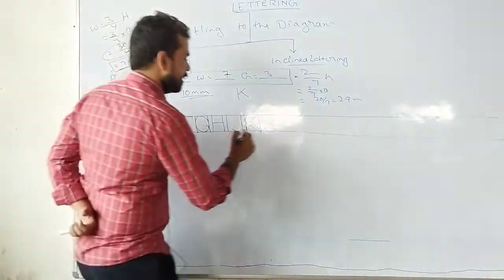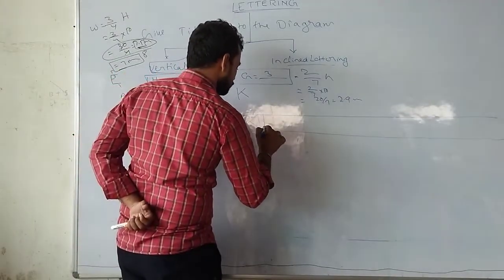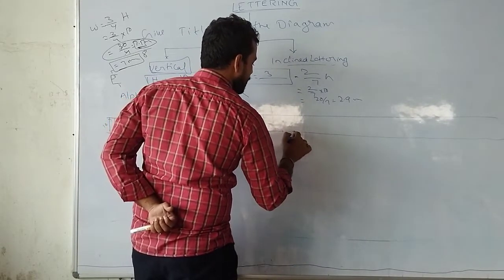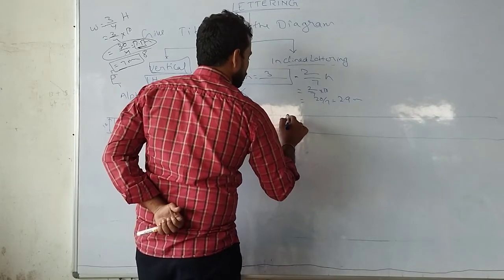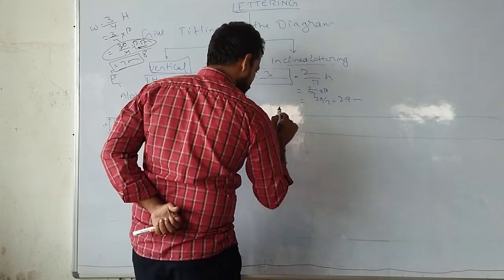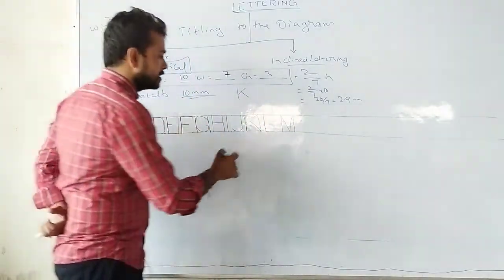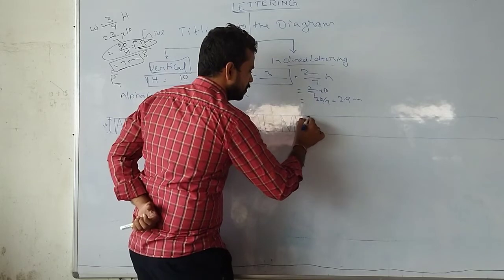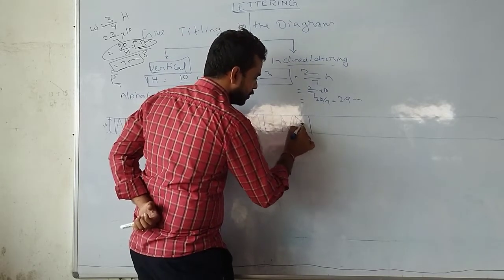Next, L. Up to 7. Next, M. Take a 3 mm gap and join like this. M. Next, N. Take a 3 mm gap and 7 mm, and join like this.